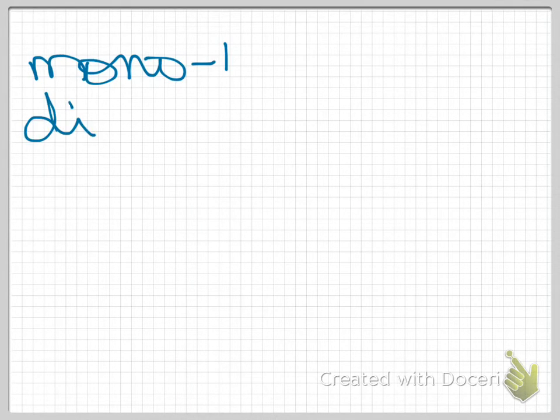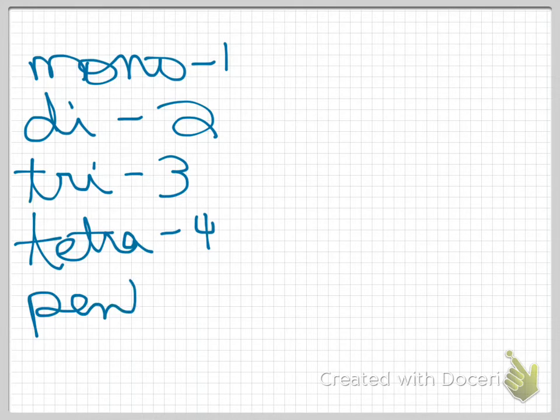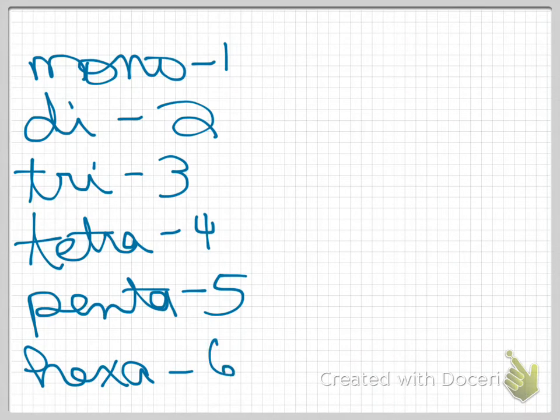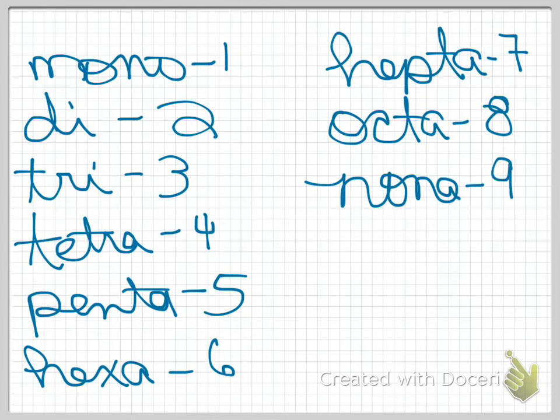And so the prefix system is used with Greek prefixes: mono, meaning 1, di, meaning 2, tri, meaning 3, tetra, meaning 4, penta, meaning 5, hexa, meaning 6, hepta, meaning 7, octa, meaning 8, nona, meaning 9, and deca, meaning 10.